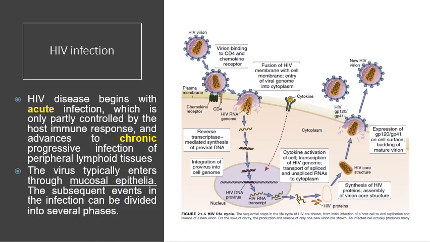HIV is a single-strand positive sense enveloped RNA retrovirus. That means this virus injects a single strand of RNA into these cells, I mean T helper cells.